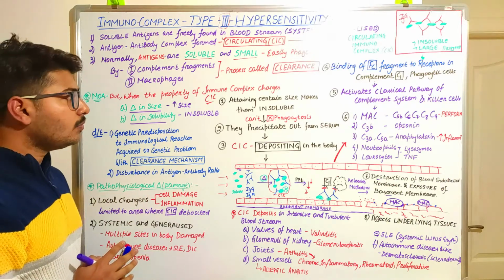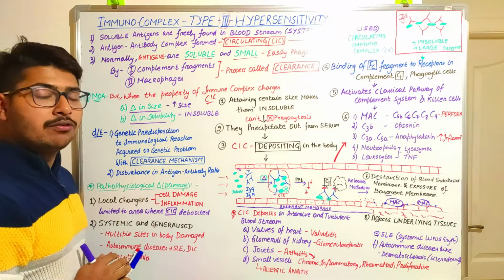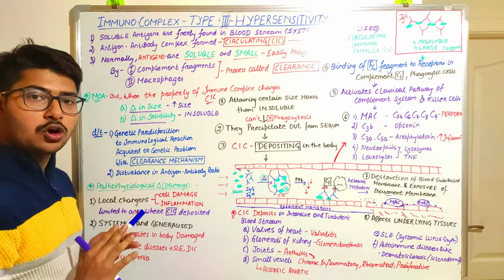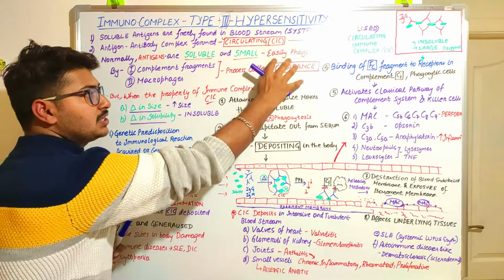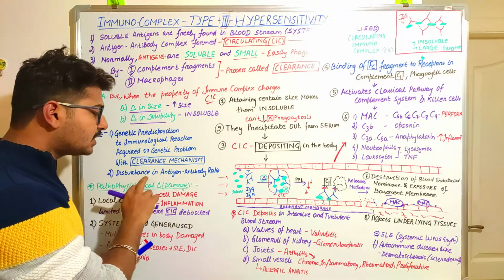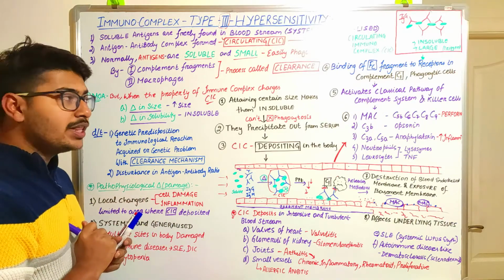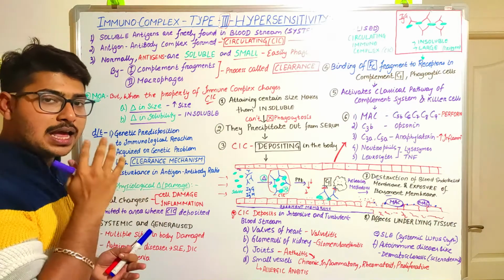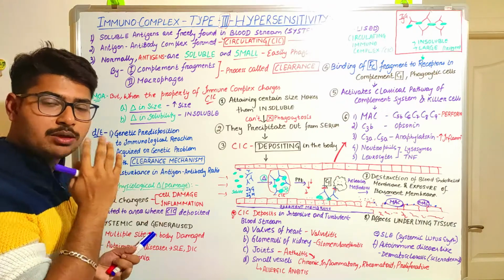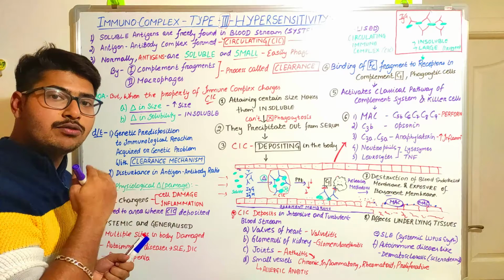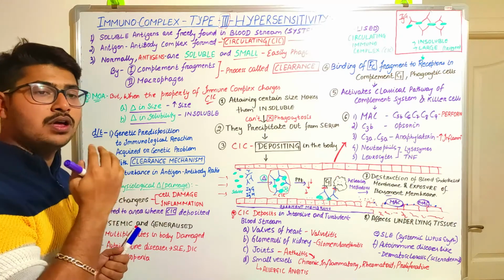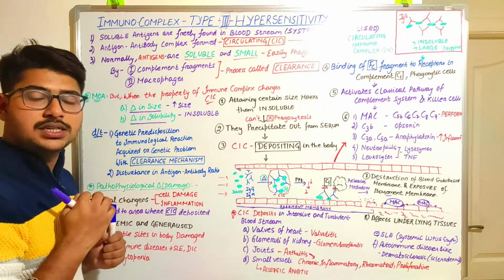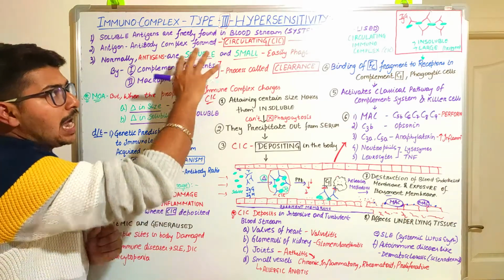So the result of type 3 hypersensitivity is going to be a chronic disorder of the immunological system. When there is a change in the size and the solubility of the immune complex, they pose a problem for the clearance mechanisms. Also, when there is a disturbance in the antigen antibody ratio, meaning an increase in the production of antibody, the ratio of antigen to antibody will be disturbed, and that can also cause this hypersensitivity reaction.